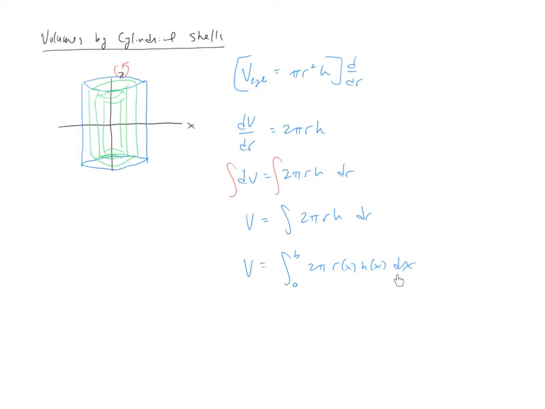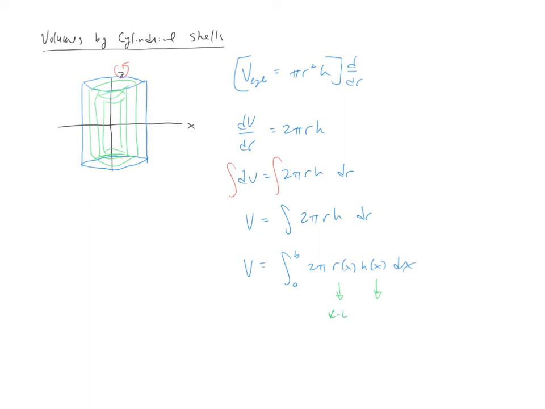Now, that's different from the cross-section method, but if you're going around a vertical axis and you're going to be with respect to x in the actual integral, the radius here and the height here, that's where your top and bottom and left and right come into play. The radius, as you can probably imagine in something like this, is going to be the right minus the left.